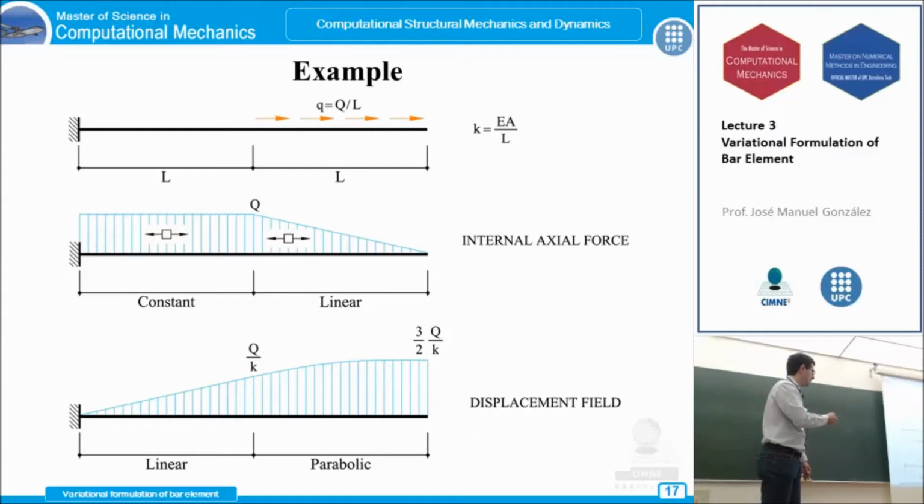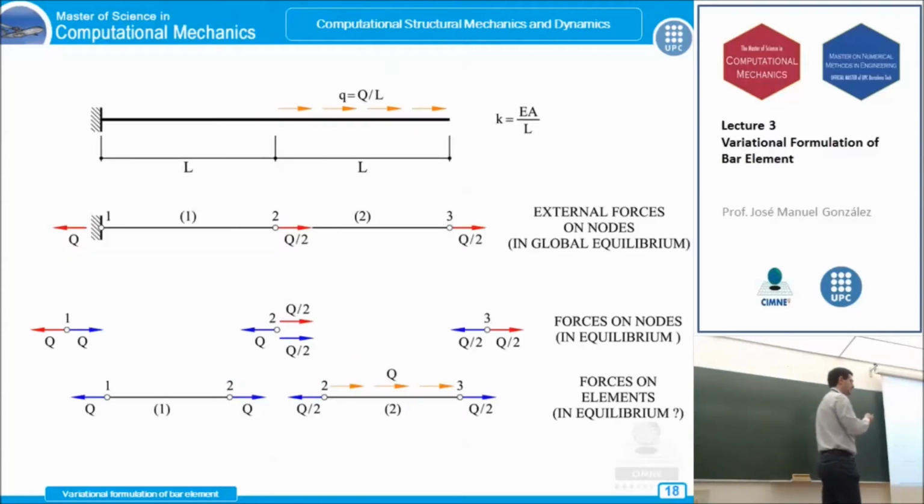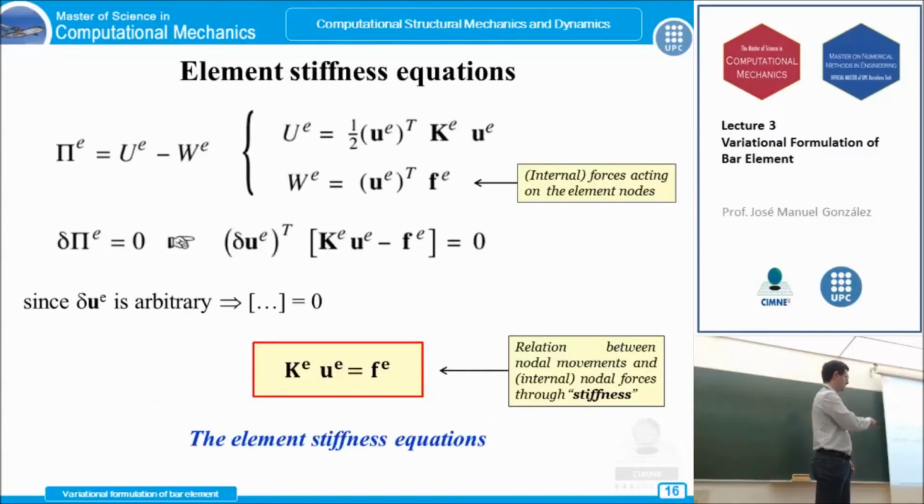So what we have with the solution of our discrete problem gives us the solution in the nodes. So we're going to get the displacement in the nodes, or the internal forces in the nodes, and these sort of things. And this is what we get if we solve the problem using, remember, this expression here.